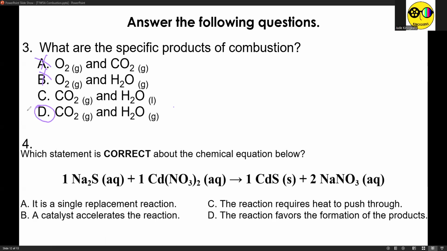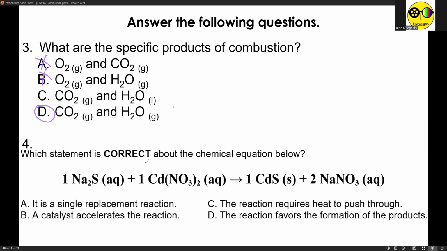Okay? Number four, which statement is correct about the chemical equation below? So you have 1 mole of aqueous sodium sulfide reacting with 1 mole of aqueous cadmium nitrate, forming 1 mole of solid cadmium sulfide and 2 moles of aqueous sodium nitrate. Letter A, it is a single displacement reaction.